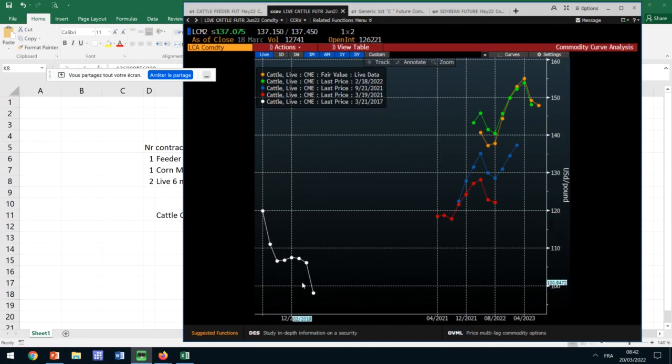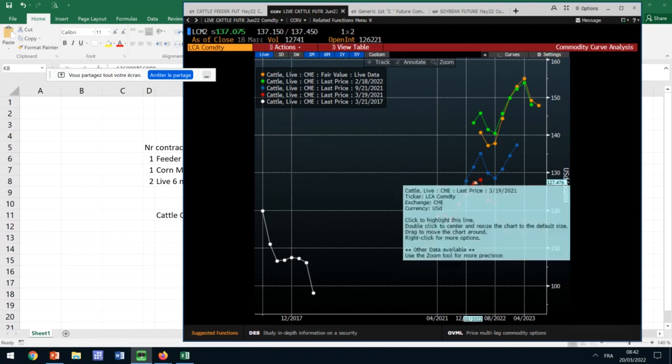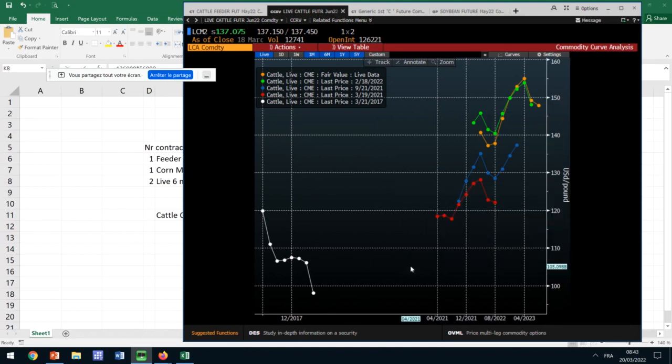Interesting, in 2017 the prices were much lower than usual, because the corn and the wheat and all these grains were much cheaper, so we have had general food inflation since then, and the curve was clearly in backwardation, which means that there was some kind of shortage in cattle.